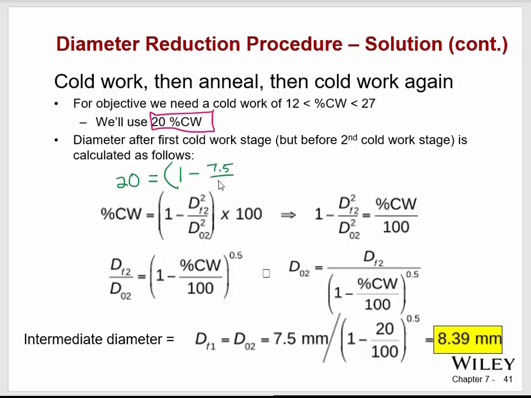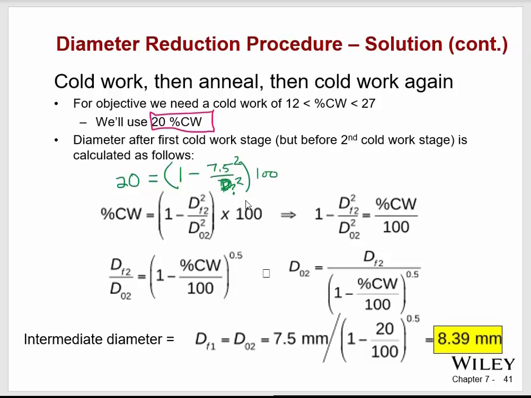And then we have the original diameter, which is our question mark diameter we're not sure about. That's the diameter we're seeking to start our final stage of cold working from. So that's this one here, and these are squared. And then of course there's the 100, just to make sure that your 20 and 100 are both on the same percent ratio.